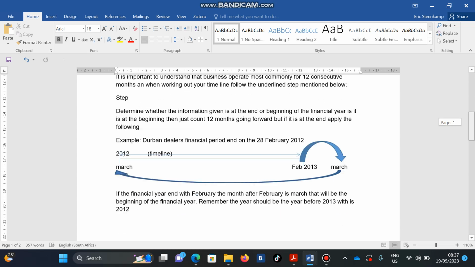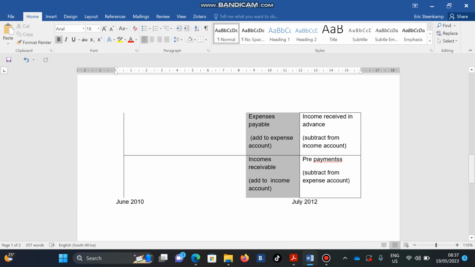Okay, now the reason why we calculate this, if, for example, we started in June and ended in July, you'll find that we've got expenses that are not yet paid, that are still outstanding. Expenses payable, another word would be accrued.